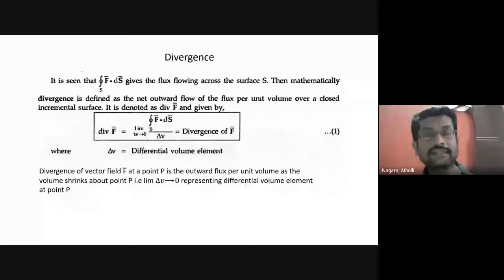As the air flows out in all the directions, after some time the volume shrinks to zero.